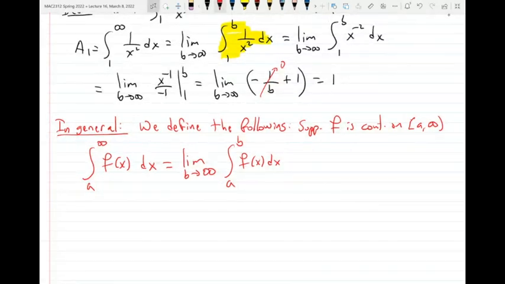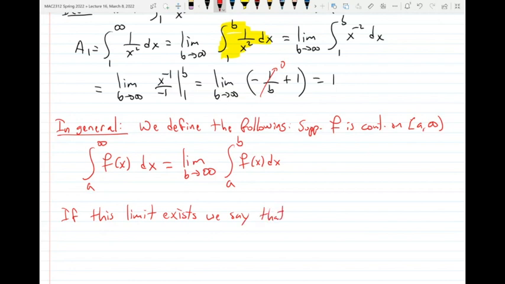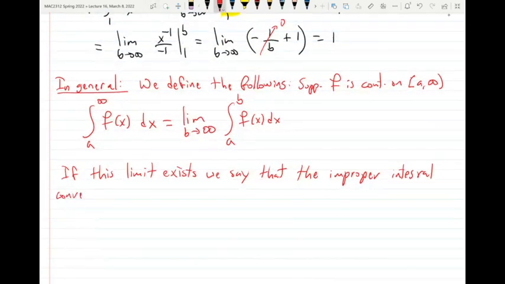So we define it like this, and then we say if this limit exists, we say that the improper integral converges, and we set the integral equal to that value.